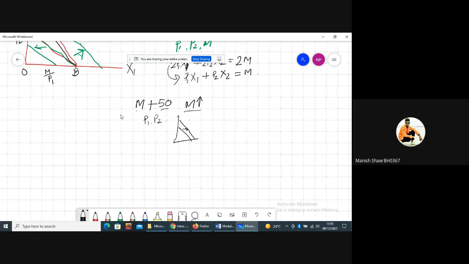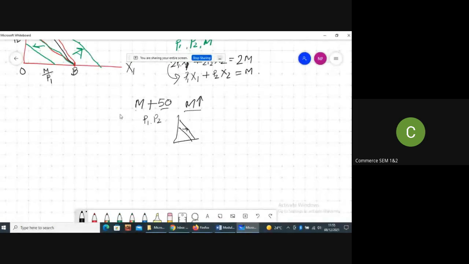Now, if you change the same question a little bit, say you went to the college today with some amount of money in your pocket. Say today you have to pay some fees to the college authority. You have to deposit some amount of fees. Then what will happen to your budget line?